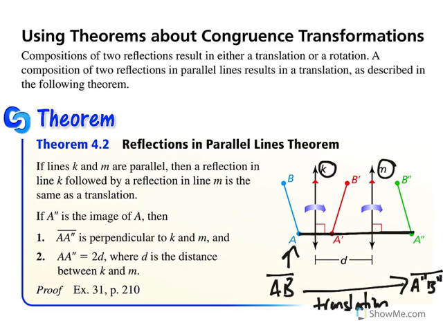Either the one going from A through A prime and A double prime, or the one going through B, B prime, and B double prime, they are all going to make right angles. And the last thing to note is that the translation from A to A double prime is going to be twice the distance between those 2 parallel lines.